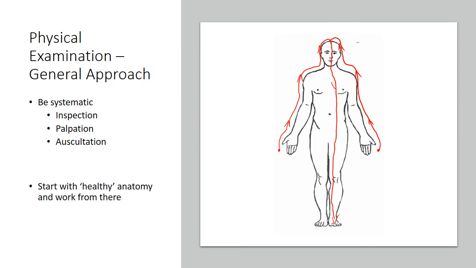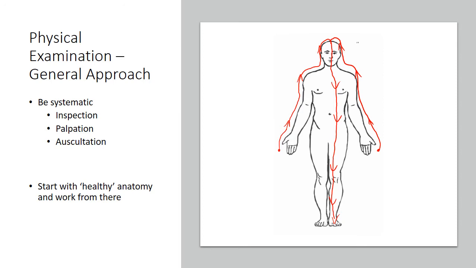And it means that we have a systematic approach, which is a little different to the inspection, palpation, auscultation approach. But it means that you're not jumping backwards and forwards. So actually the way that I will go through it in this presentation is to follow inspection, palpation, auscultation.